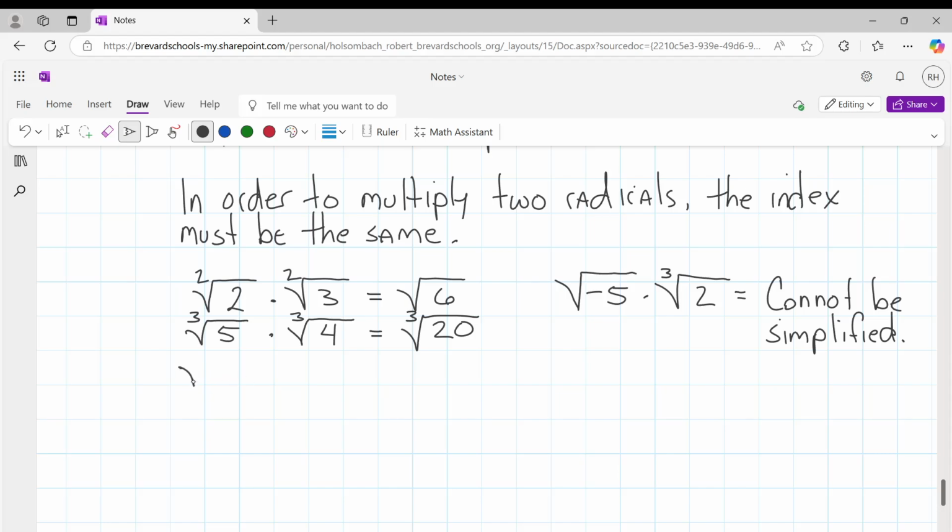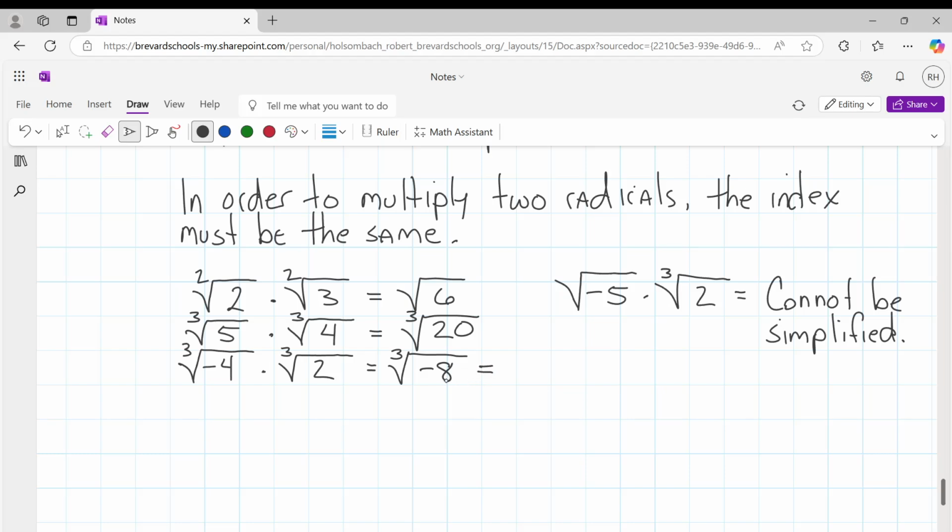Third root of negative 4 times third root of 2 gives us the third root of negative 8. Now, 8 is a perfect cube, and we have an odd index.